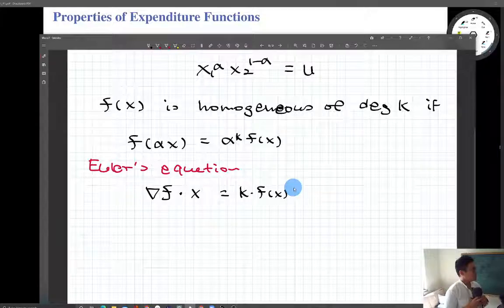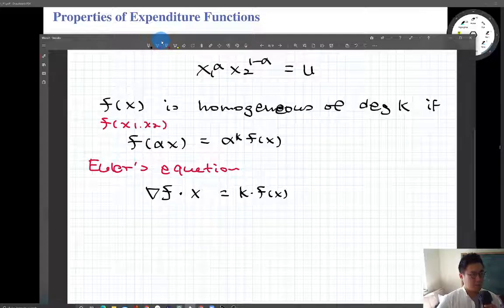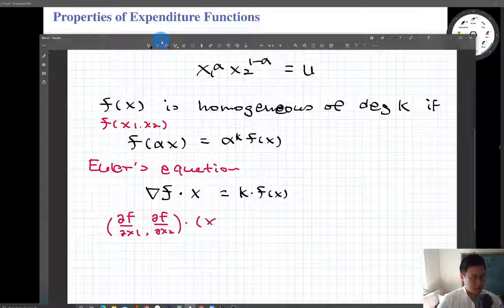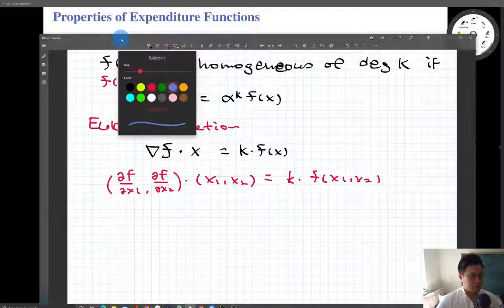So for example, if the function f depends on two variables, x1 and x2, then the gradient of f is going to be the partial with respect to x1 and the partial with respect to x2, and the vector x is x1 and x2, which is k times f of x1 and x2. We can rewrite this using the definition of the dot product.